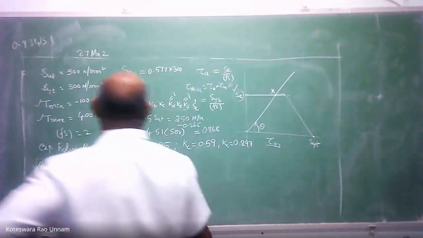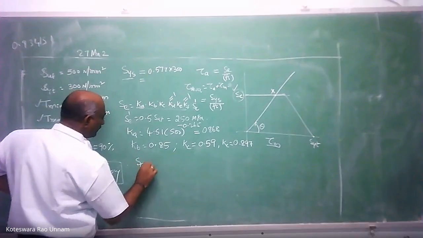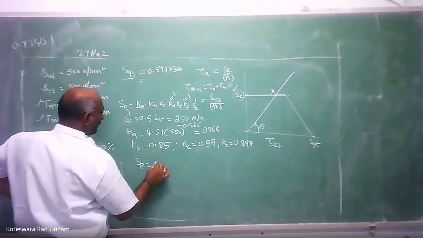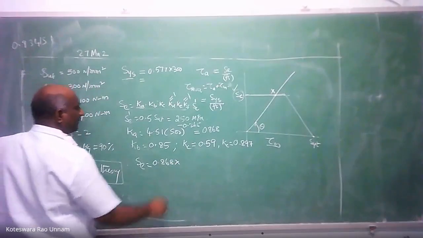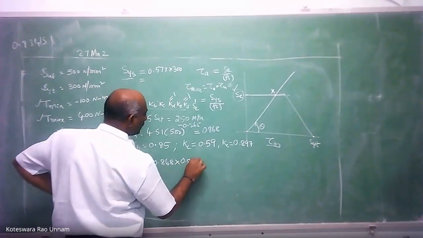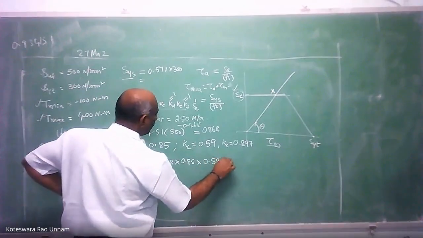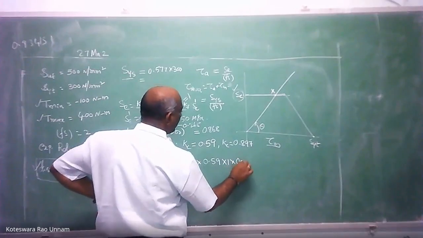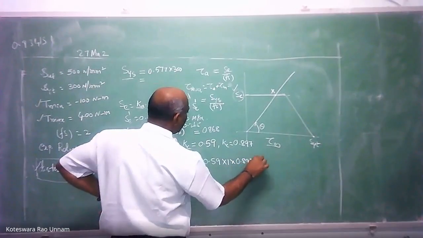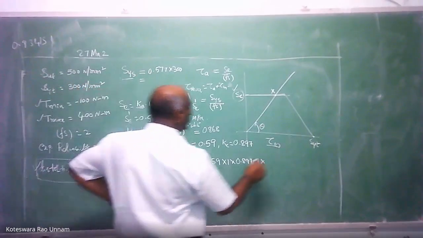Then, once I know all these things, I can compute SE. SE is equal to Ka is 0.868 multiplied by Kb is 0.85 multiplied by Kc is 0.59 multiplied by Kd is 1, Ke is 0.897 and Kf is 1, multiplied by our SC dash is 250.